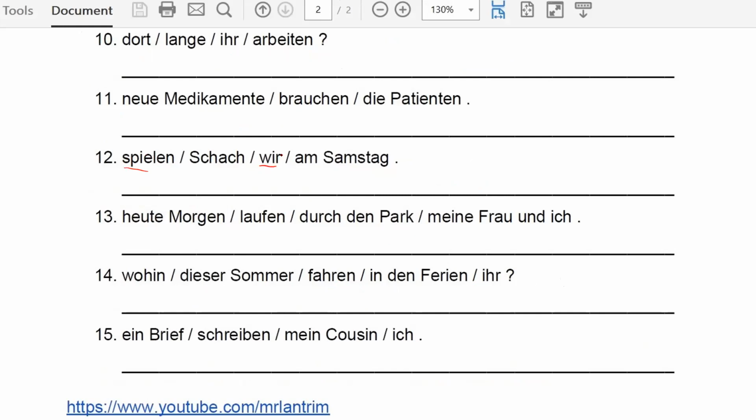And wir are our subject this time, so we say wir haben am Samstag Schach, which is chess, gespielt. Wir haben am Samstag Schach gespielt. We played chess on Saturday.